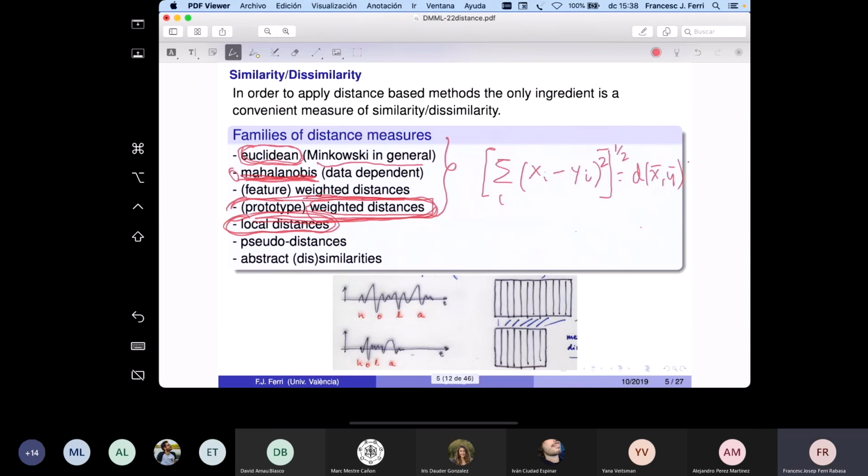Now, okay? Do you agree? So, in general, the Minkowski family is this expression.